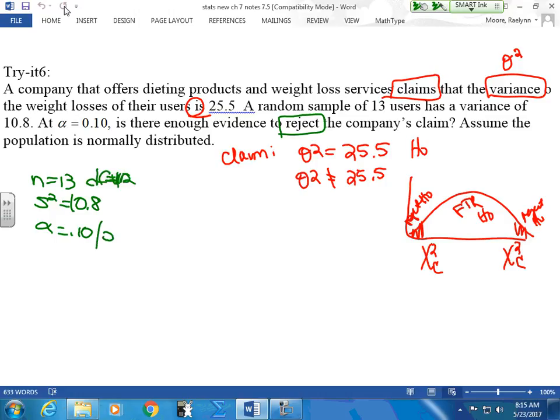If I divide this by 2, I get 0.05, and the other part of 0.05 that's symmetric to this, 1 minus that, 0.95. I need 2 values. 0.95 gives you the smaller value. The smaller value goes to the left. No negatives on this. So 5.226 and 21.026.